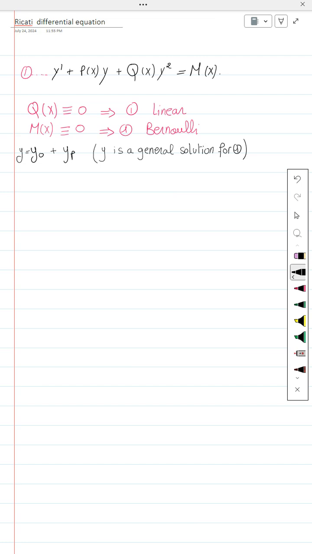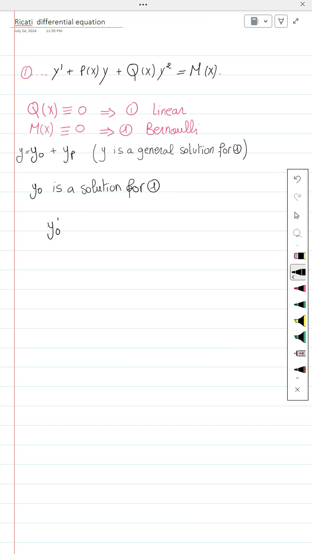Now we're going to see the method. As I told you, we need to have a particular solution, or we can call it just y0, which verifies the equation, which is a solution for equation 1, which means that if we replace y by y0, then y0 is going to verify the equation.